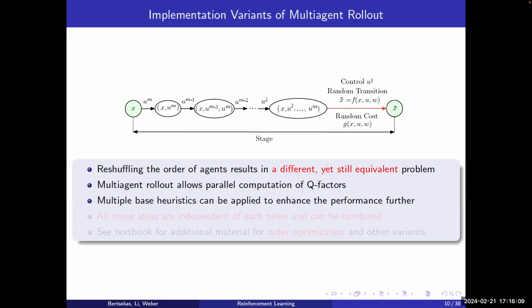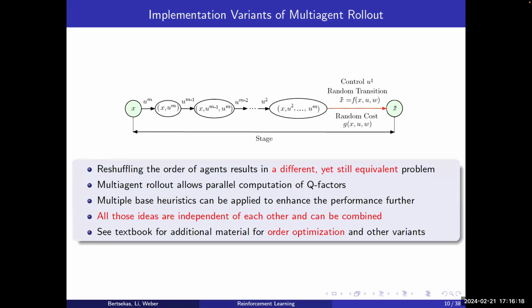Another thing is that multiple base heuristics can be applied to enhance the performance. All those ideas are independent of each other and can be combined. In the textbook, there is additional material for both order optimization and some other variations.